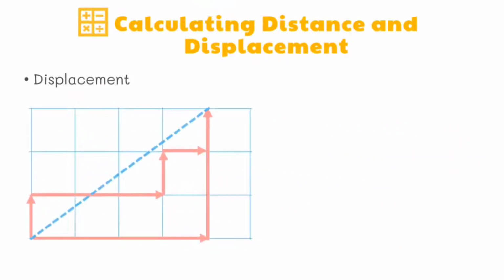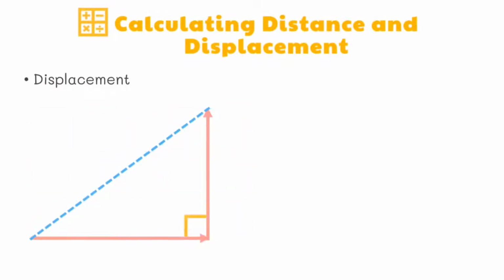To solve for total displacement, let us look at the illustration. You may notice that the figure forms a right triangle. The displacement made is the hypotenuse, while the given values are the leg on the y-axis and the leg on the x-axis. If you can remember, the Pythagorean theorem tells us the relationship in every right triangle: a squared plus b squared is equal to c squared.